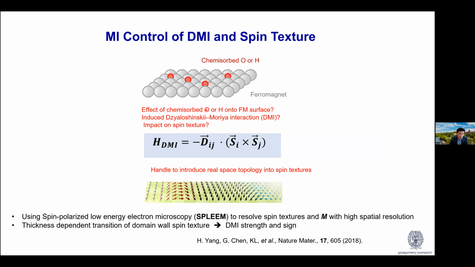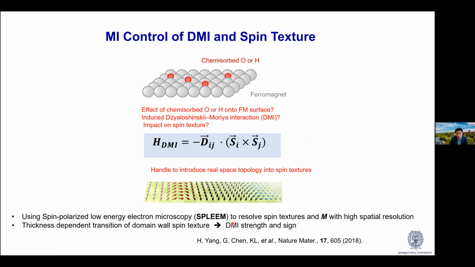This also addresses another challenge in magneto-ionics, because the ionic migration usually happens underneath buried surfaces or interfaces, so it's challenging to directly observe the ionic migration and correlate it with physical properties. So we want to do this in a controlled environment in an ultra-high vacuum system, and we use chemisorbed light elements, oxygen or hydrogen, to explore the induced DMI.